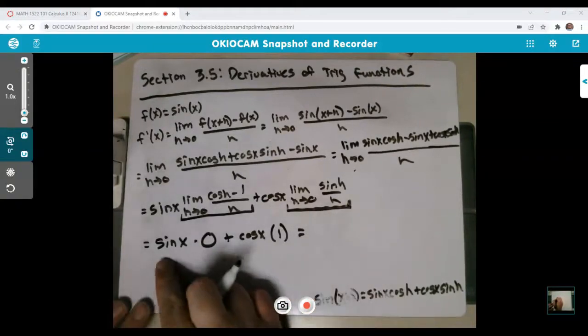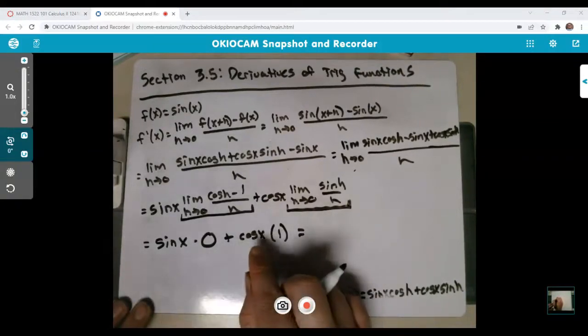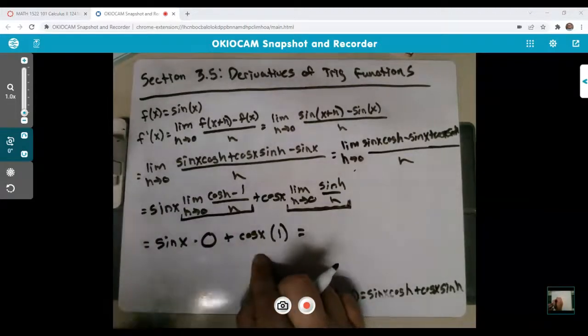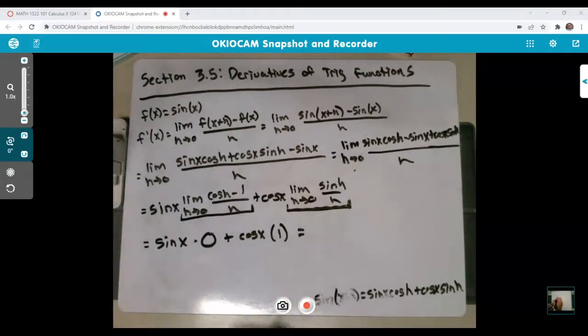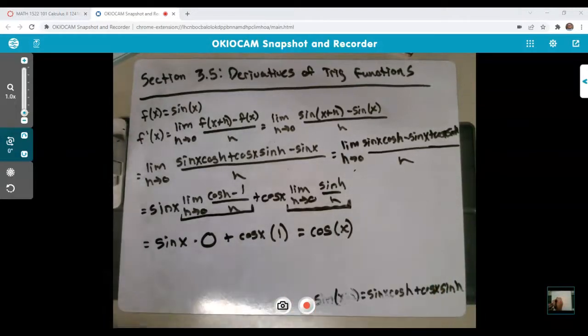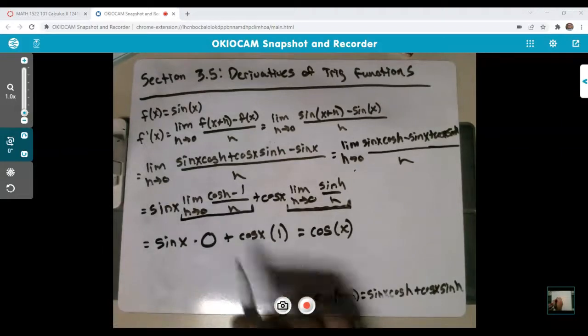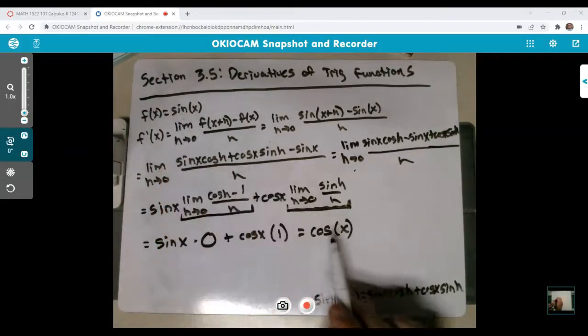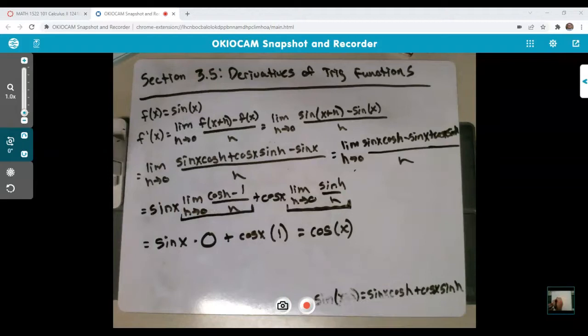So, simplifying this, we get 0 plus cosine of x, which is just cosine of x. So the derivative of sine of x is equal to cosine of x.